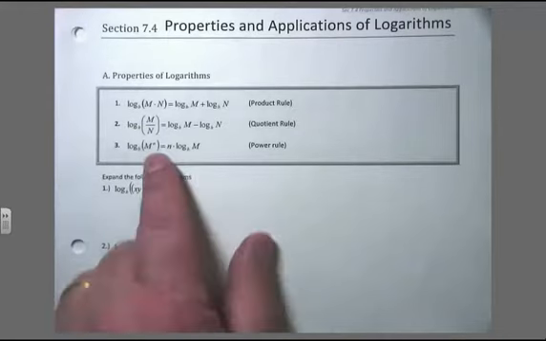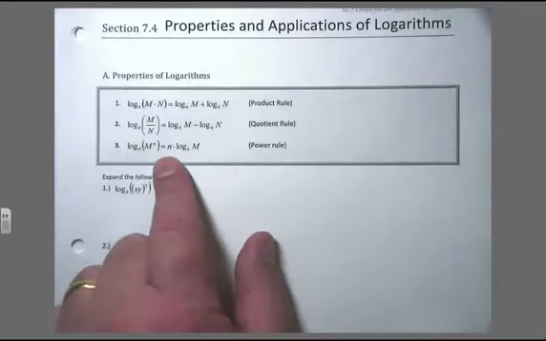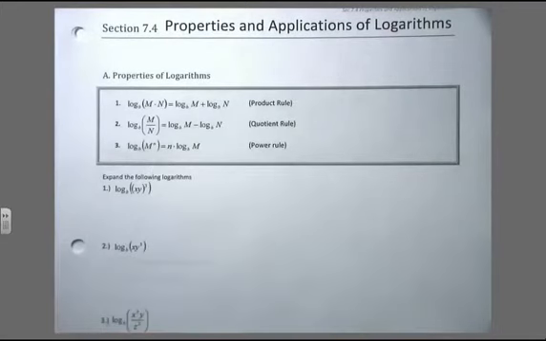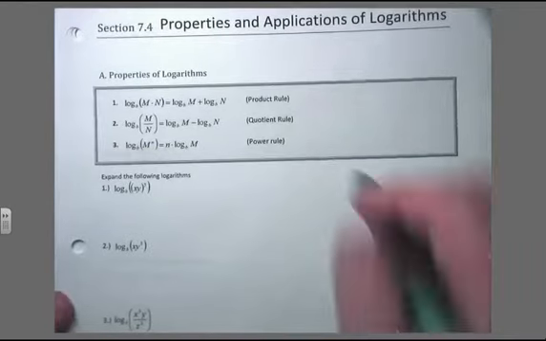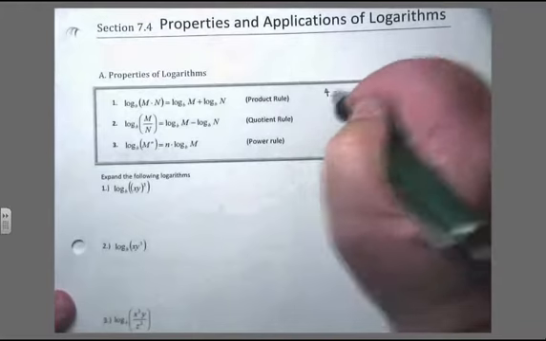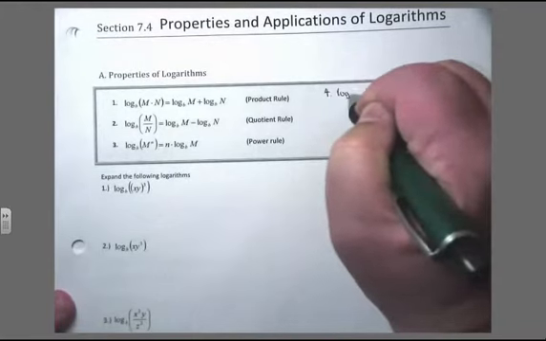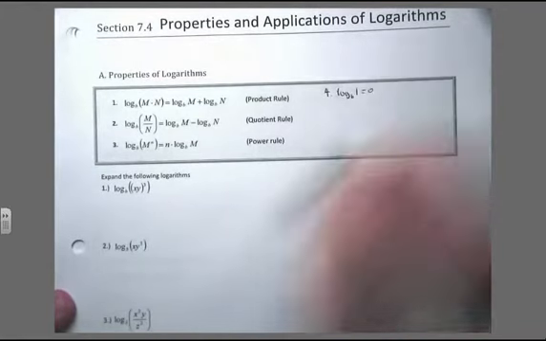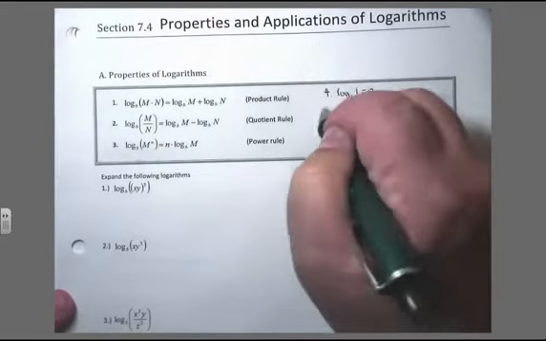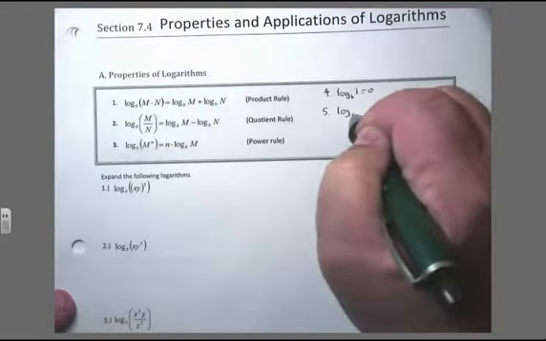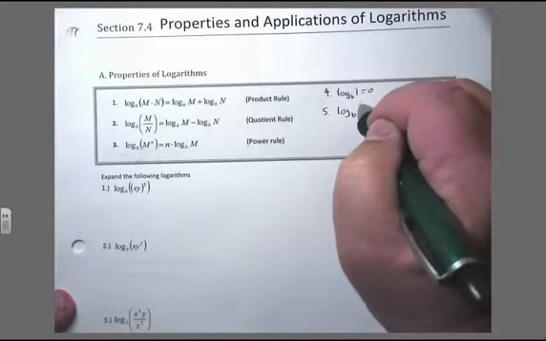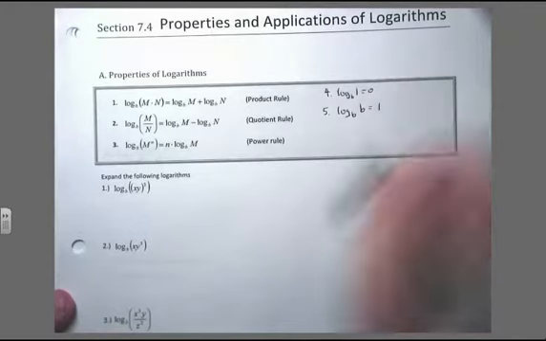That is a very, very important log property. They call it the power rule log property. But as I mentioned to you guys before, there are 7 properties of logs. Property number 4 was this guy: the log base b of 1 is equal to 0. Property number 5 is the log base b of b is equal to 1.